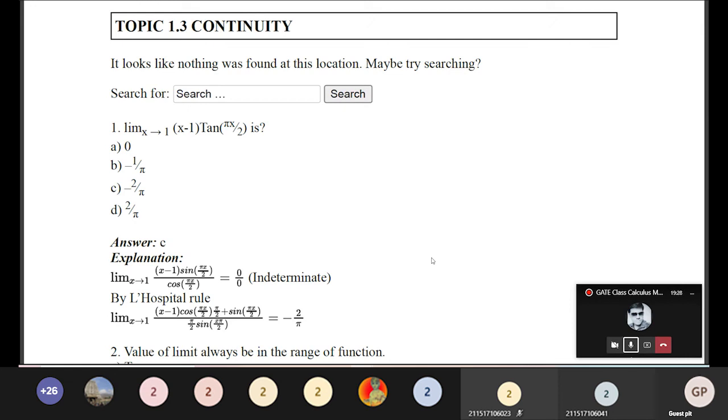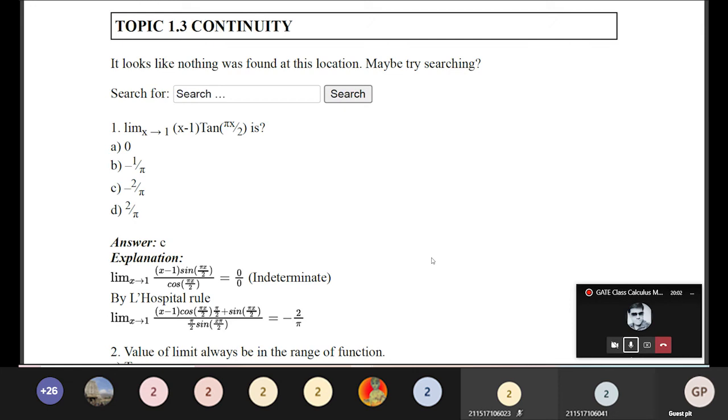Now consider the numerator. What do you have? Two functions are there, so the product rule you have to apply. x minus 1 into cos pi x by 2 into, keeping x minus 1 as it is, differentiating the sine term, it will be cos pi x by 2 into differentiating the inner bracket pi x by 2, you will get pi by 2, plus keeping the second term as it is, sine pi x by 2 into differentiating the first term, x minus 1, divided by differentiating the denominator separately.